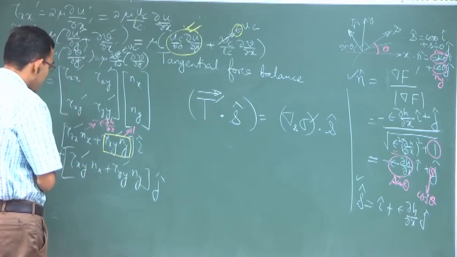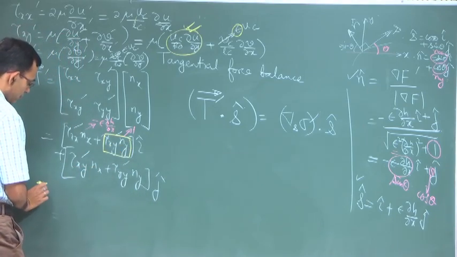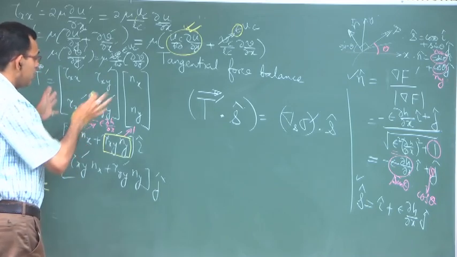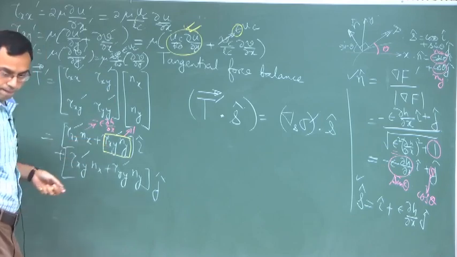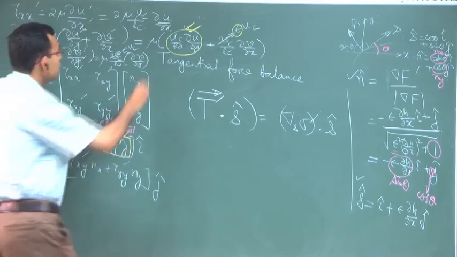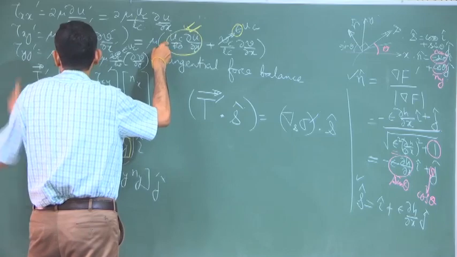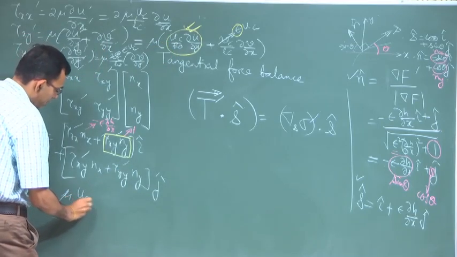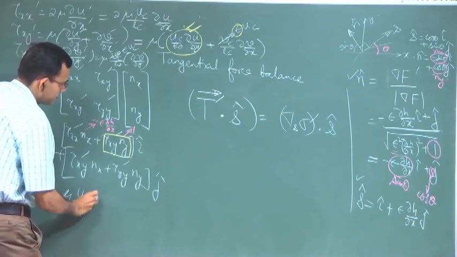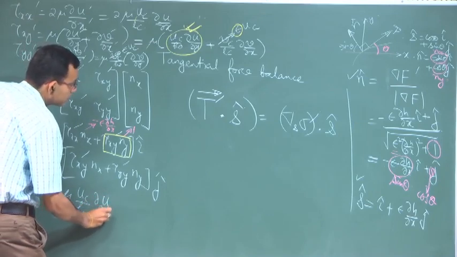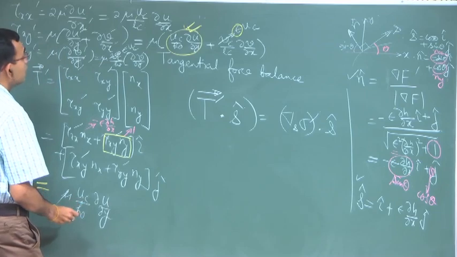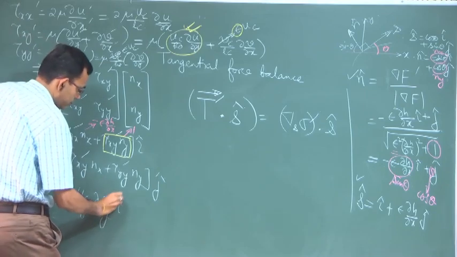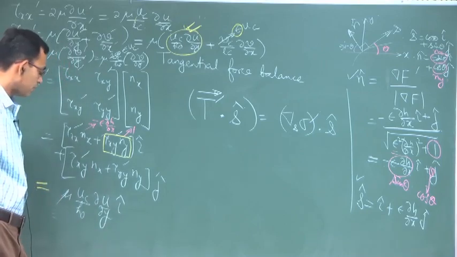So, in the leading order, I am writing again it is in the leading order, this dominating term in tau xy, so this is mu uc by h naught, okay.